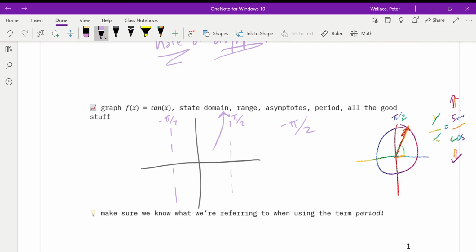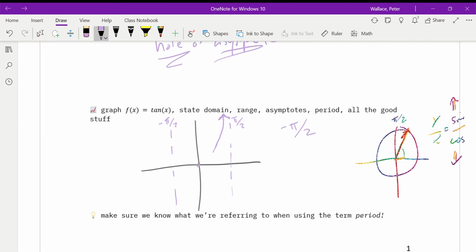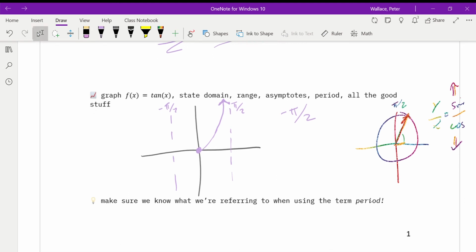And we know that at 0, we have 0, because sine is 0, so 0 over 1 is going to be 0. So we have a point at the origin, so let's connect that. And then what's going to happen on the other side is pretty similar to this. So we know that at negative pi over 2, or 3 pi over 2, whatever flavor you prefer, it's almost the exact same here.